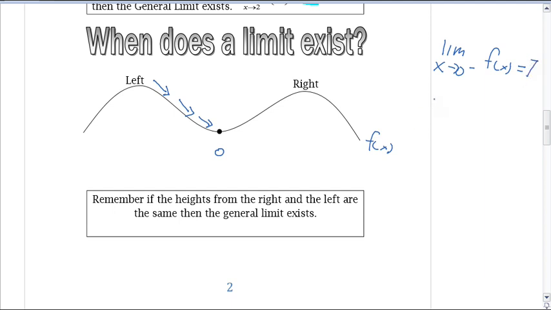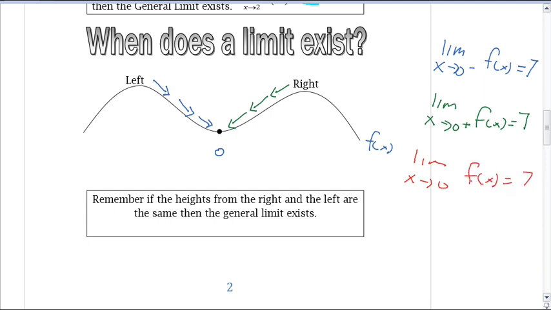And then if I want to approach from the right-hand side, let me grab another color here, I would write the limit this way: the limit as x approaches 0 from the right-hand side of f of x, and that's a right-hand limit, approaching from the right. If that is equal to 7, then we would know that the general limit, the limit as x approaches 0 of f of x, would also equal 7, and it would exist.